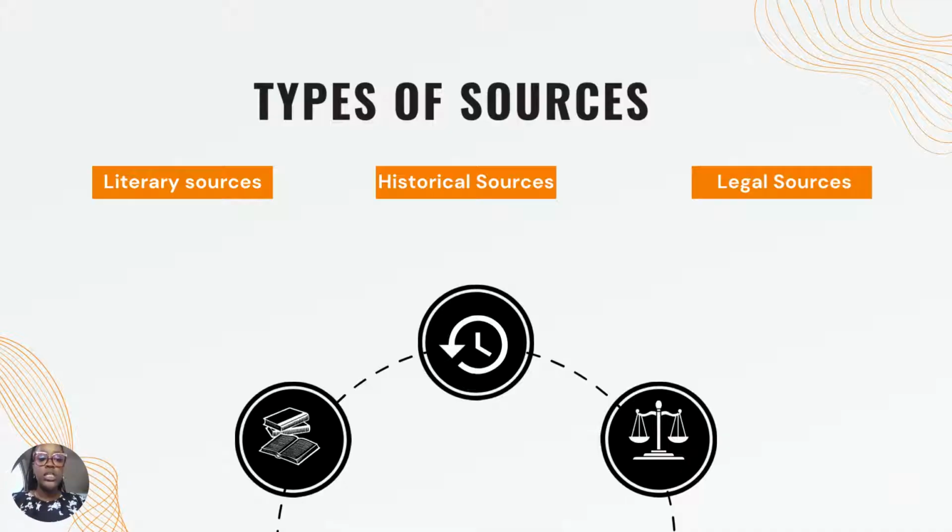So, with literary sources, we talked about where do we find the law, right? We find it in books, we find it in treaties, law reports, legislation. Historical sources, what's the origin of the law? What's the backstory behind the law? Legal sources now, we're talking about what gives the law its authority?